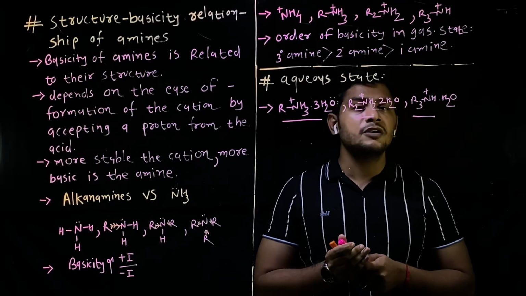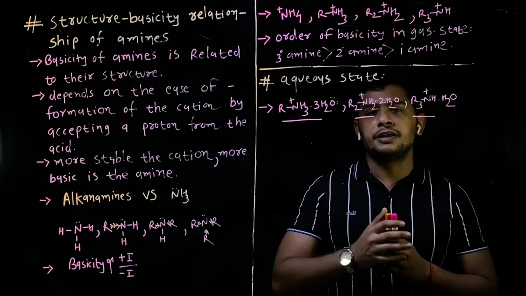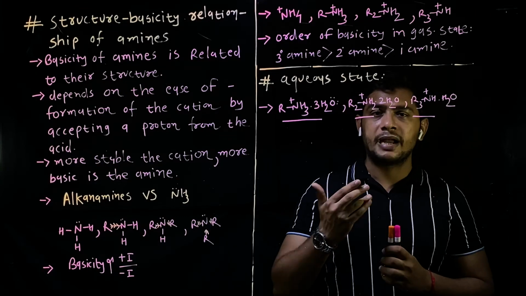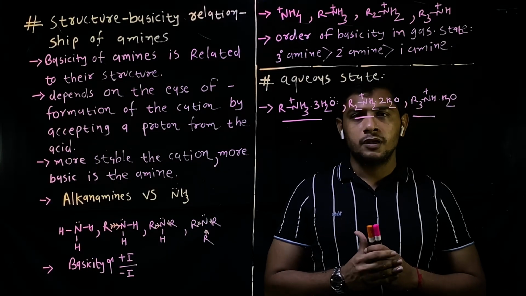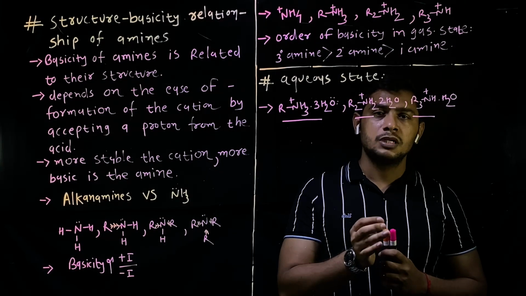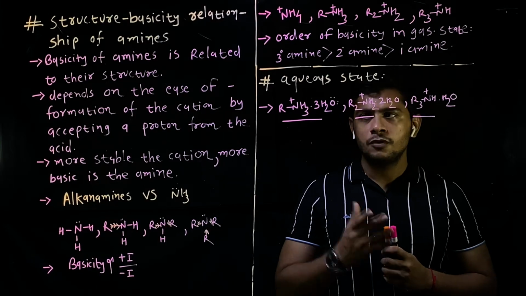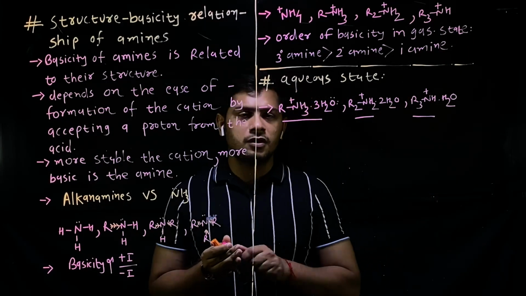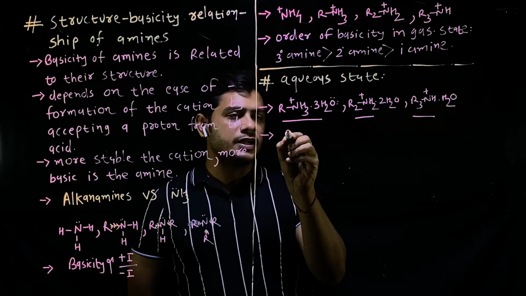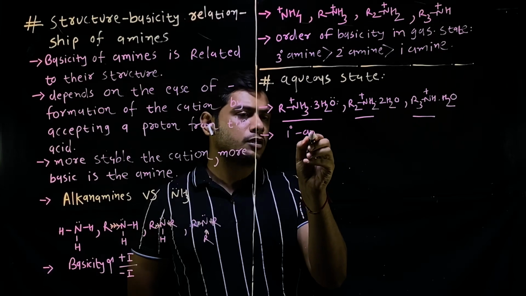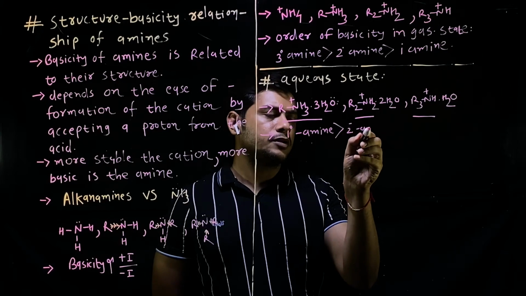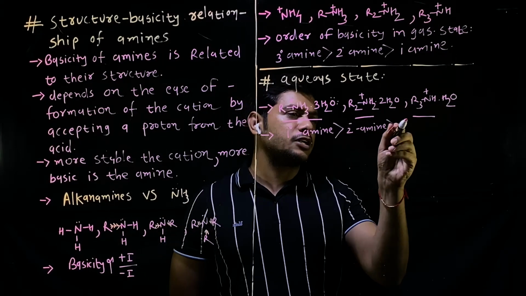Now, let me remind you, there are so many exceptions in basicity of amine in aqueous medium. These exceptions are due to steric hindrance of alkyl groups. First, let me write the general order of basic strength of amine in aqueous state: primary amine has maximum basic strength, then secondary amine, and then tertiary amine.